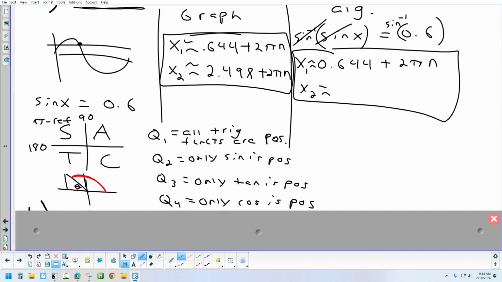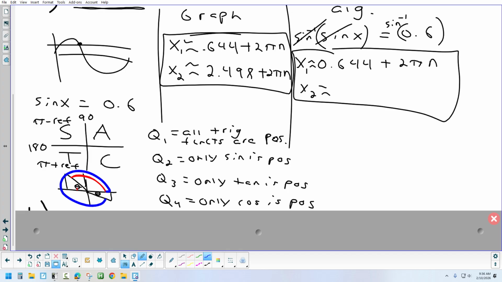Does anyone remember the formula for quadrant 3? Yep. Pi plus the reference angle. And what about the formula for quadrant 4? Think about if you had a triangle like that, and you knew that angle right there, and you were trying to find that.